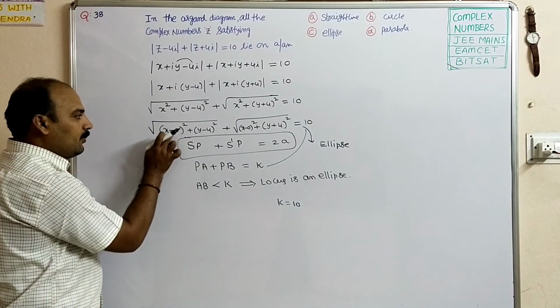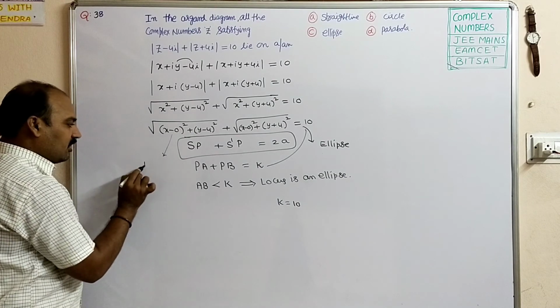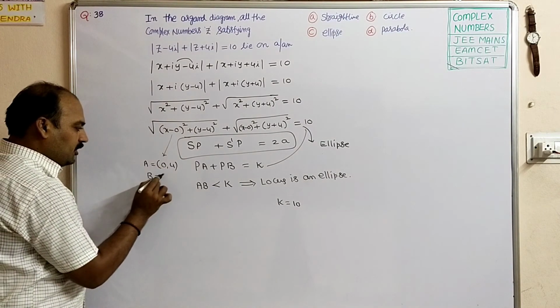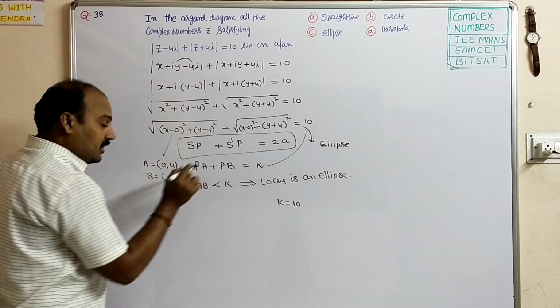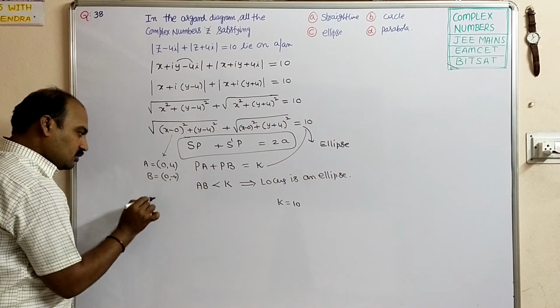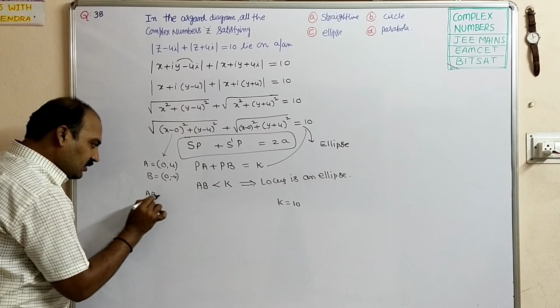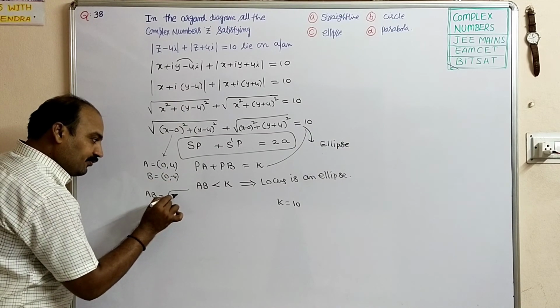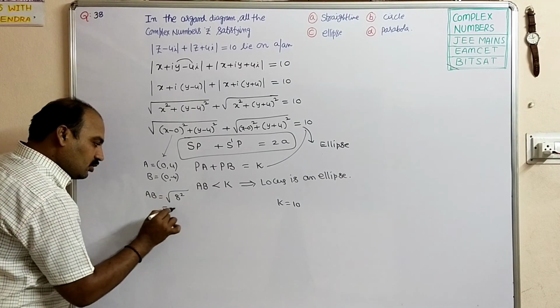AB value, A point is from here, A point is 0, 4. B point is from here 0, minus 4. So AB distance is equal to square root of 4 minus of minus 4, 4 plus 4, 8, 8 square. So 8.